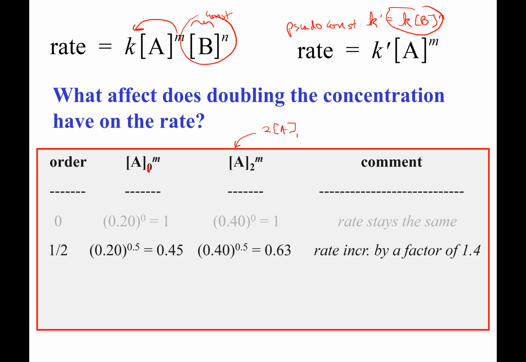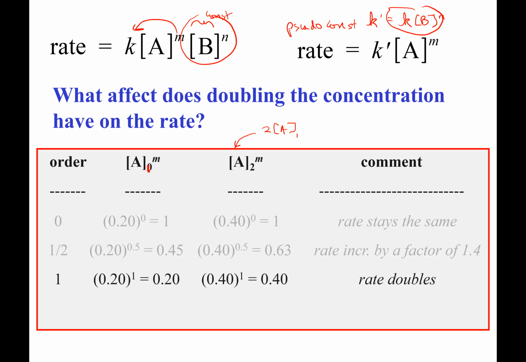Now, I'm not as worried about the half order as I am the other two orders. I think I might have told you we're going to focus on 0, 1, and 2. So let's look at first order. On our two trials, if it's first order, we raise the concentration to the first power, which is like we get it back again, right? So the relative rates are 0.2 and 0.4. If you divide 0.4 by 0.2, you get 2. That's where this doubles comes in.